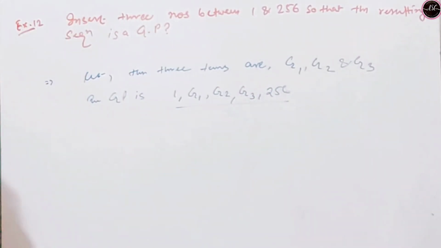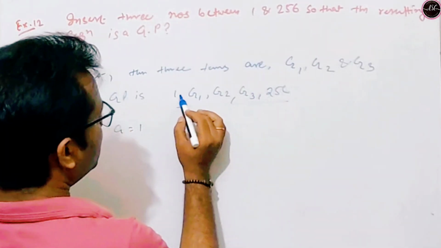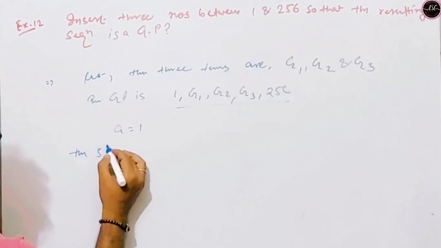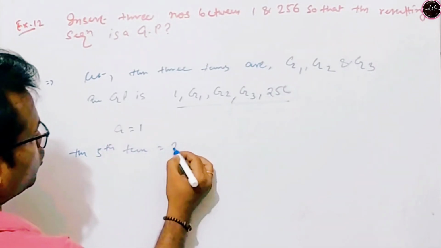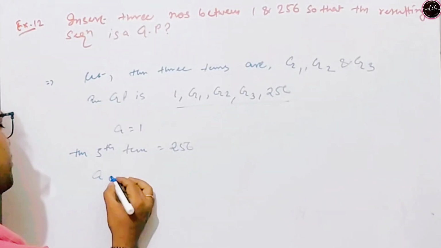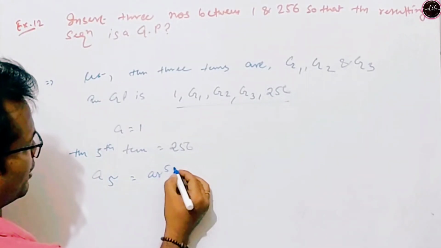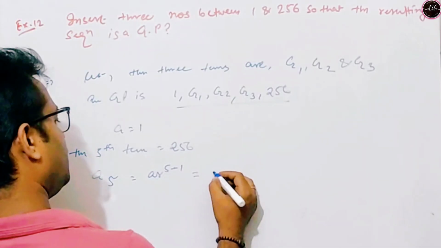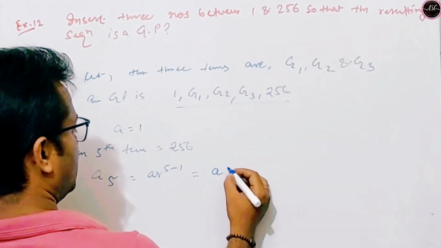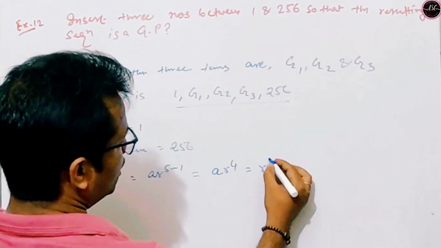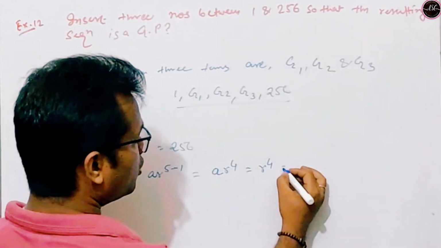Here the first term a equal to 1 and the last term, that means 1, 2, 3, 4, 5, the fifth term, equal to 256. The formula of the fifth term is a5 equal to a r to the power 5 minus 1, so a r to the power 4. So a equal to 1, that means r to the power 4 equal to 256.